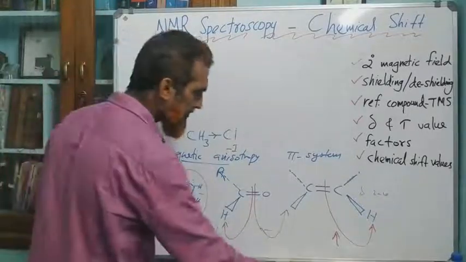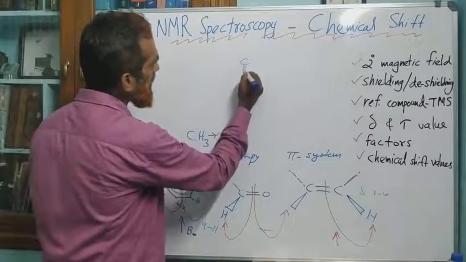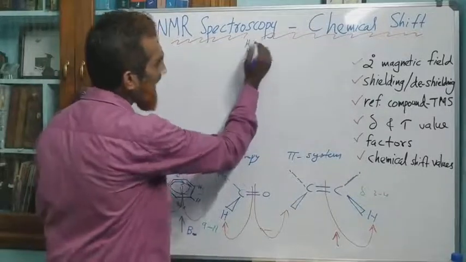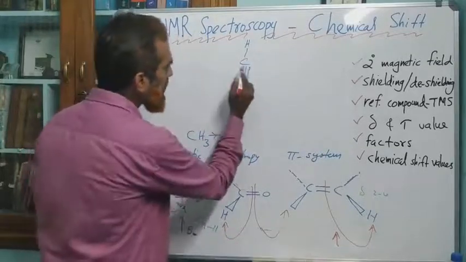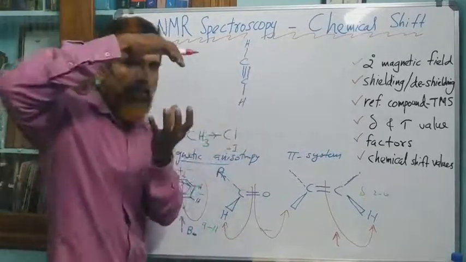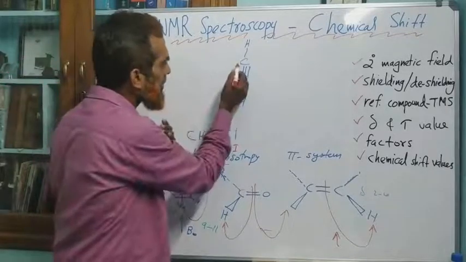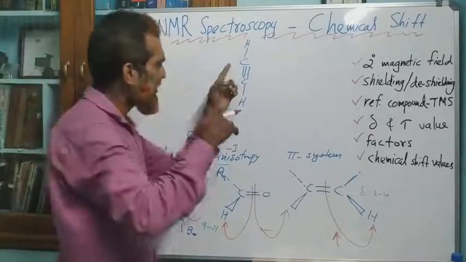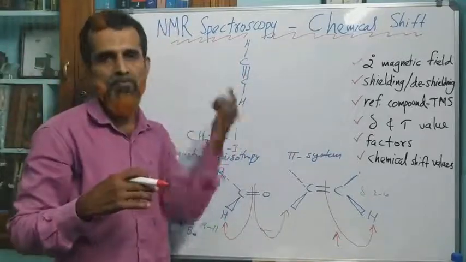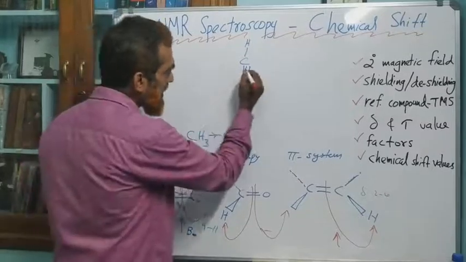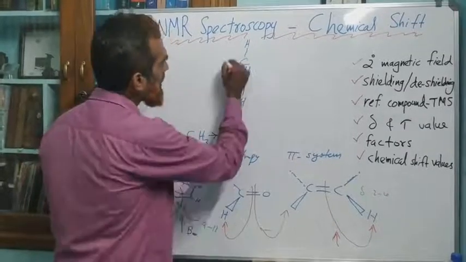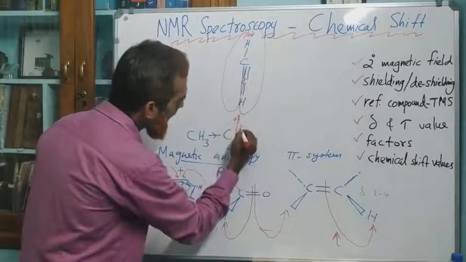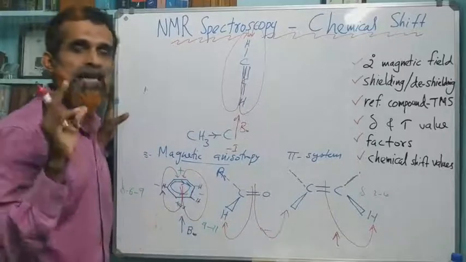What about acetylene? See, acetylene is a linear molecule. Okay, this is acetylene, and see this, it has two pi bonds. If you represent the pi lobes, it is all around, correct? You will have a cylindrical kind of electron density here, and this is the direction of the secondary field produced. Now compared to the applied field, how about the secondary field?